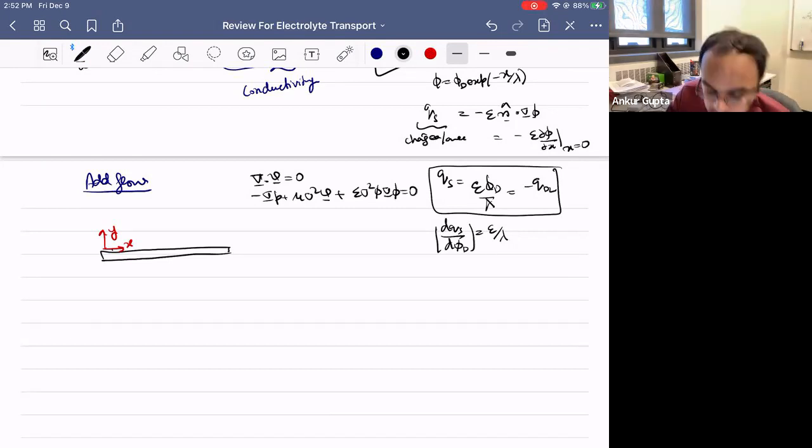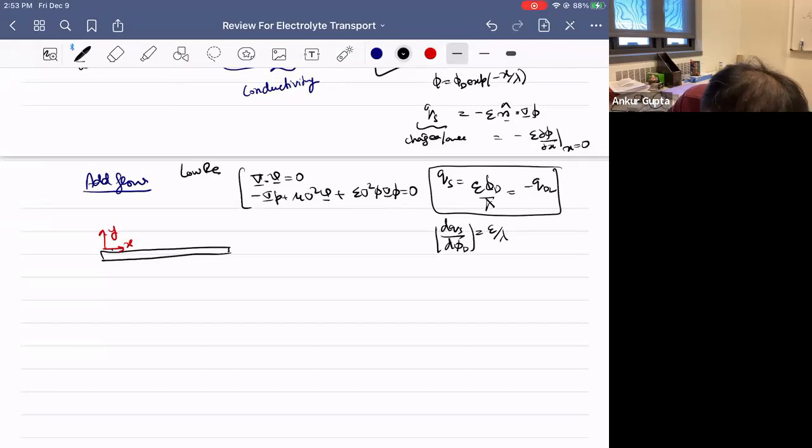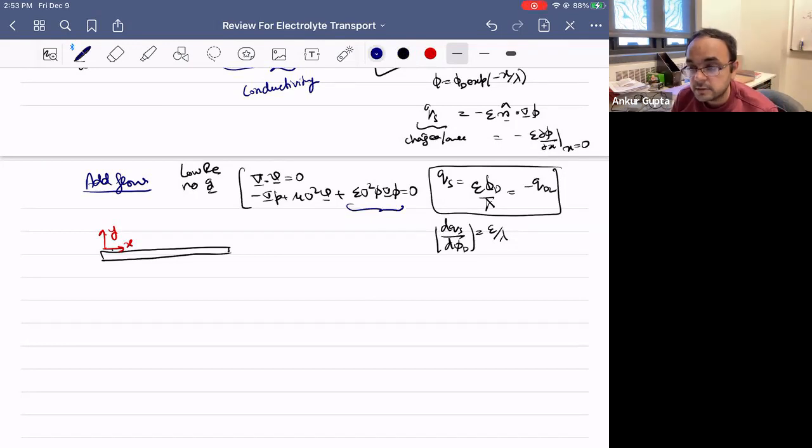So low Re is the assumption, and no gravity is the assumption. This is the Navier-Stokes equation you get, where this extra term is now the body force because of the electric field. So rho E times grad phi, and rho E is written as minus epsilon del square phi using the Poisson equation.